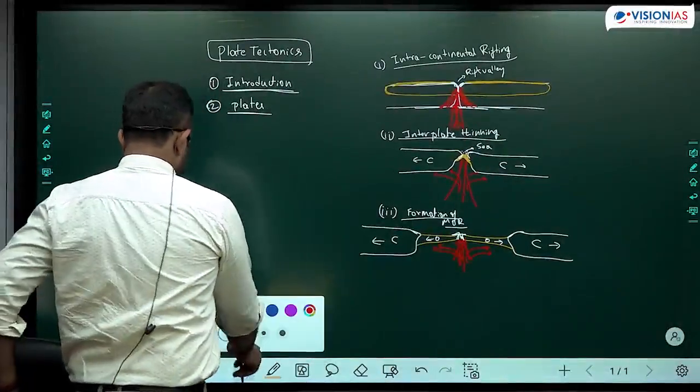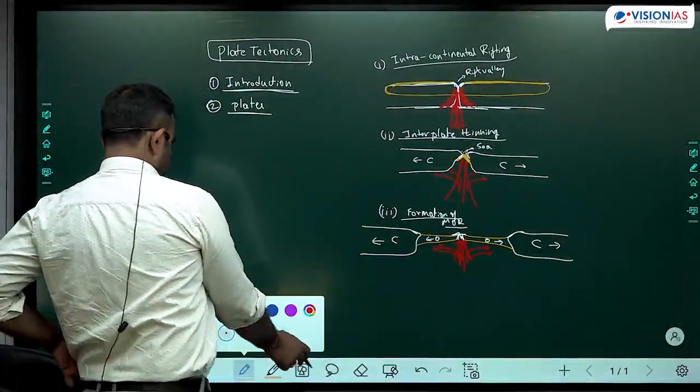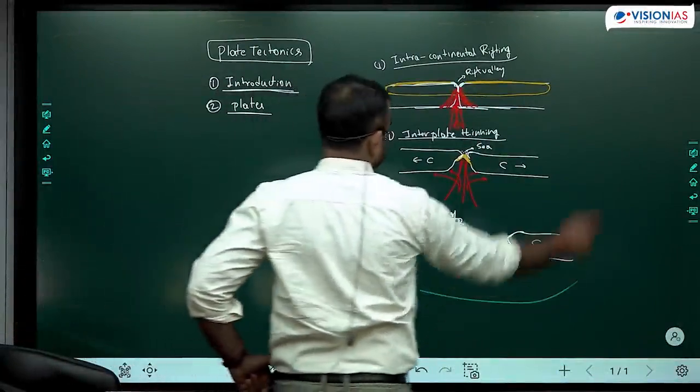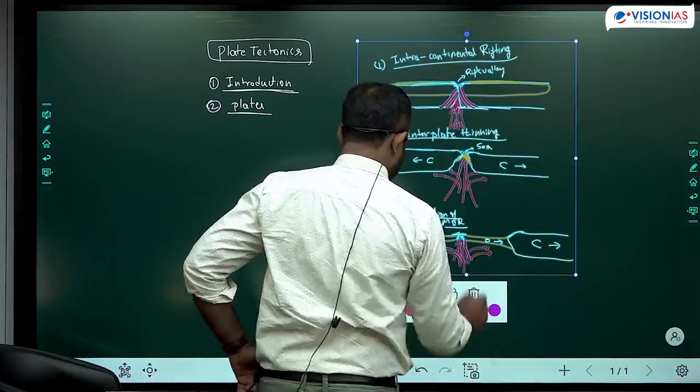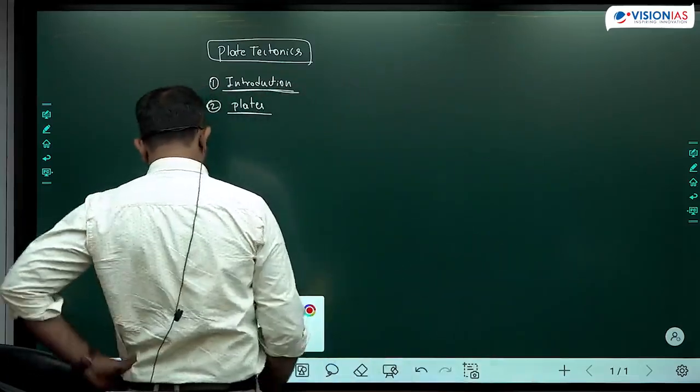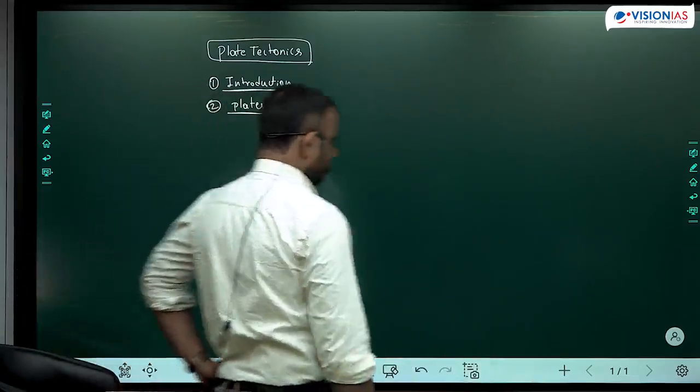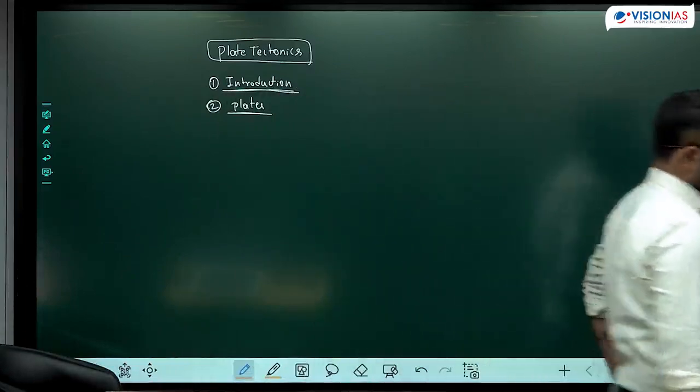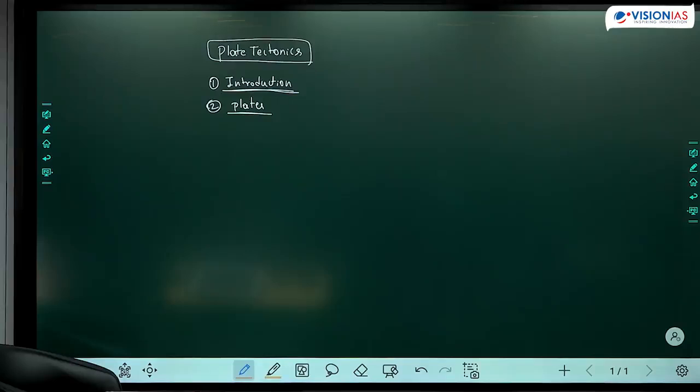So, convergent plate boundary. When two different plate margins converge towards each other, it causes subduction.